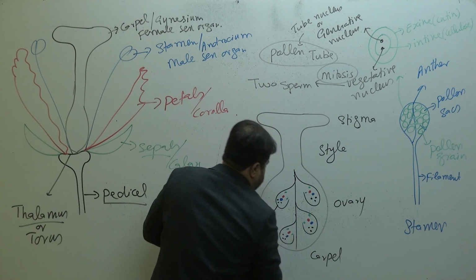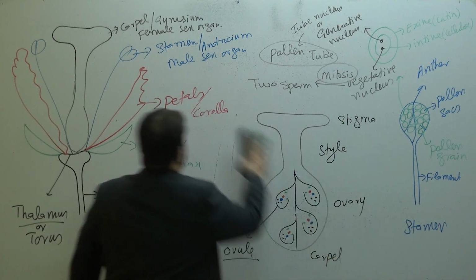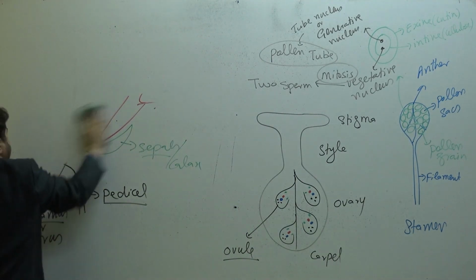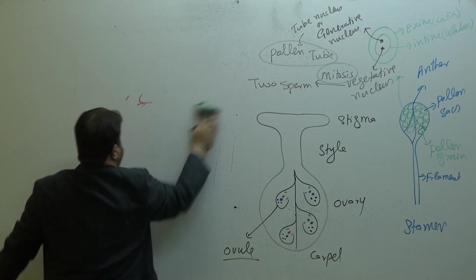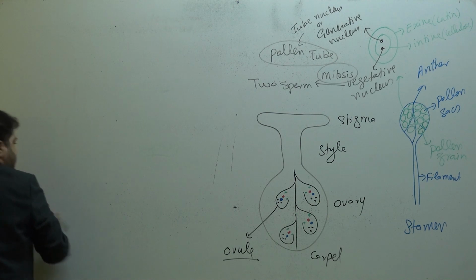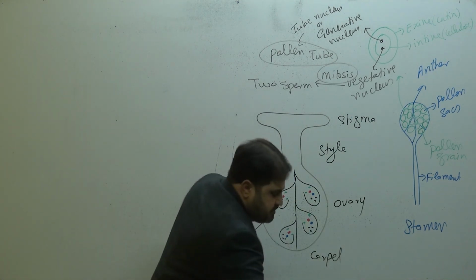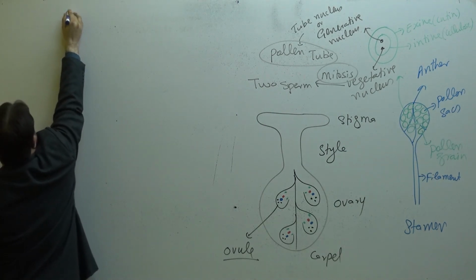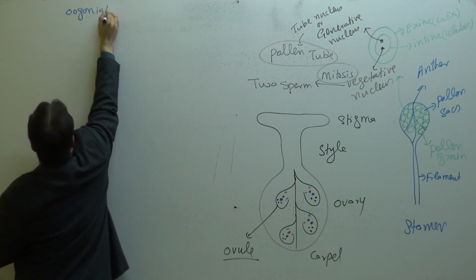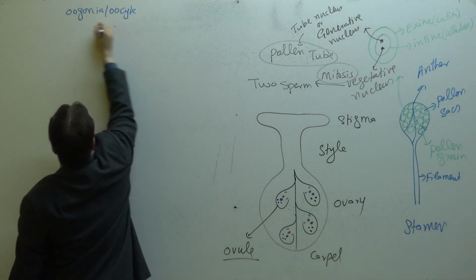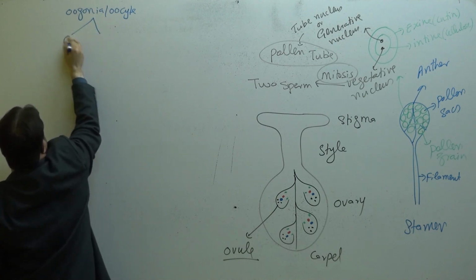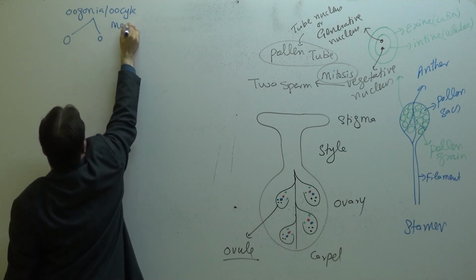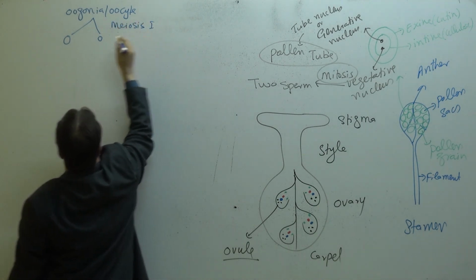So how are these cells developed? Let's suppose we discuss oogenesis in animals. In a female, there is a single oogonia or oocyte present. Now this oocyte is divided into two, one smaller and another larger, by the process of meiosis 1.